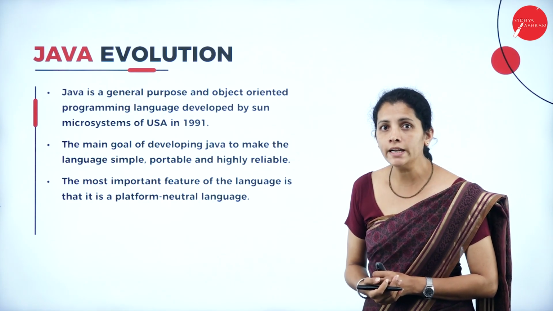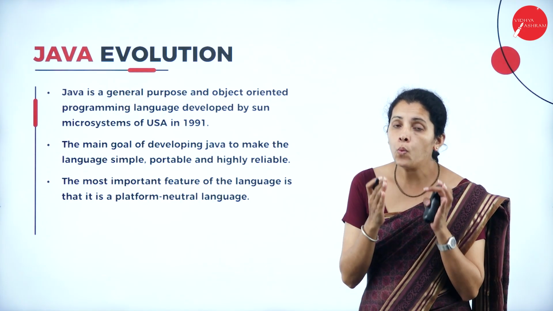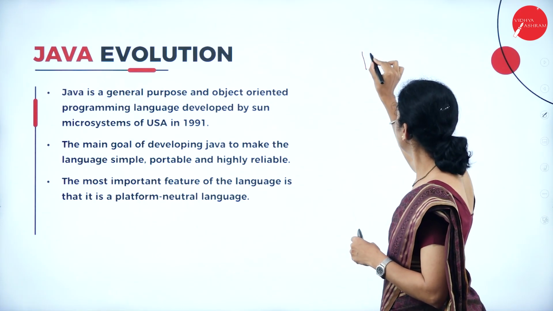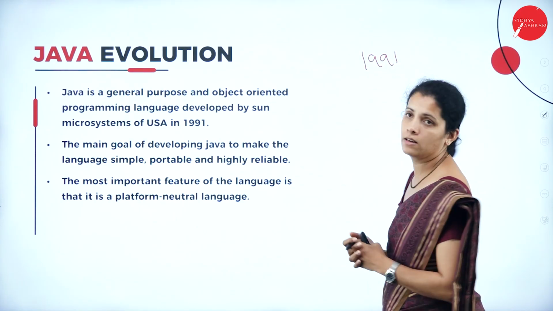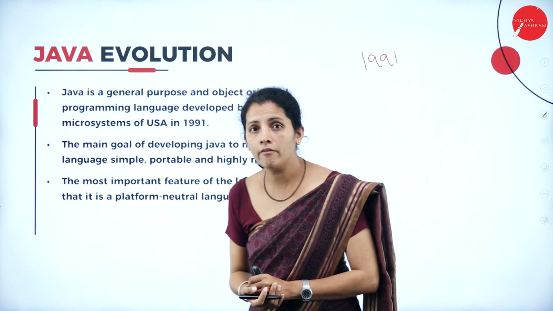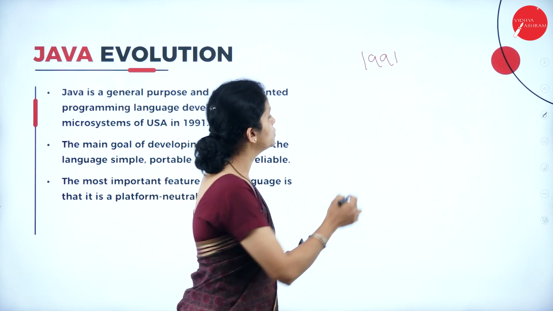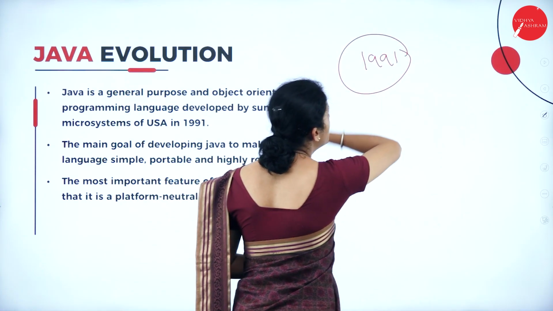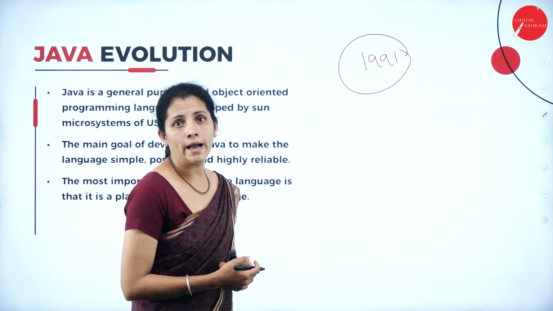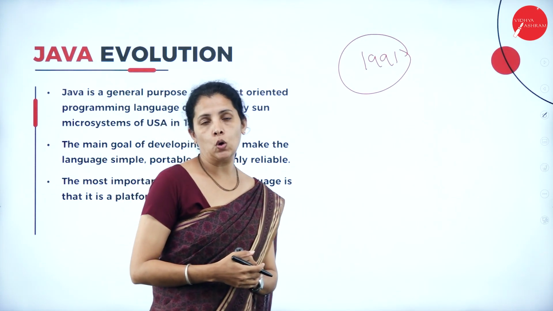So dear student, Java was first introduced in the year 1991. Now tell me who introduced the Java program. So here the Java programming language was introduced by James Gosling.